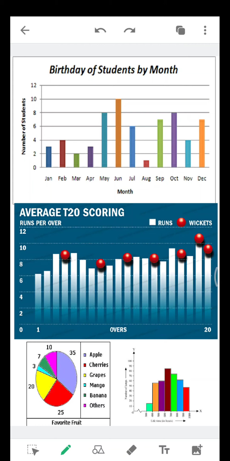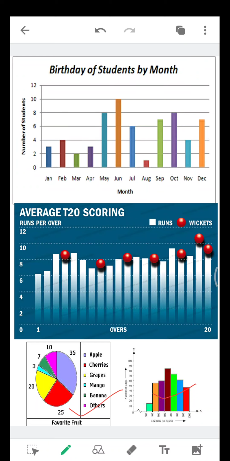The next one you can see, it's another example of representation of data using graphs, where it shows the average score of T20 scoring. So every sport and every game they use graphs to show the performance of the teams. The next one you can see here, it's a pie chart, and the next one you can see is a histogram.